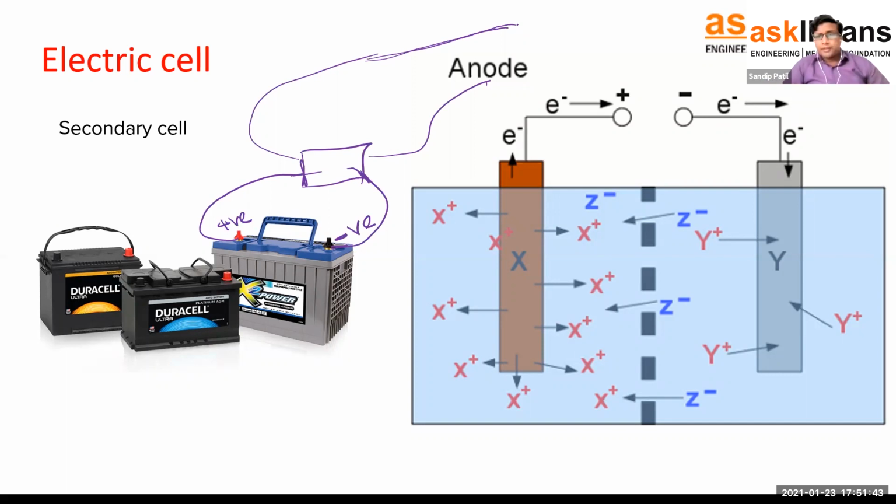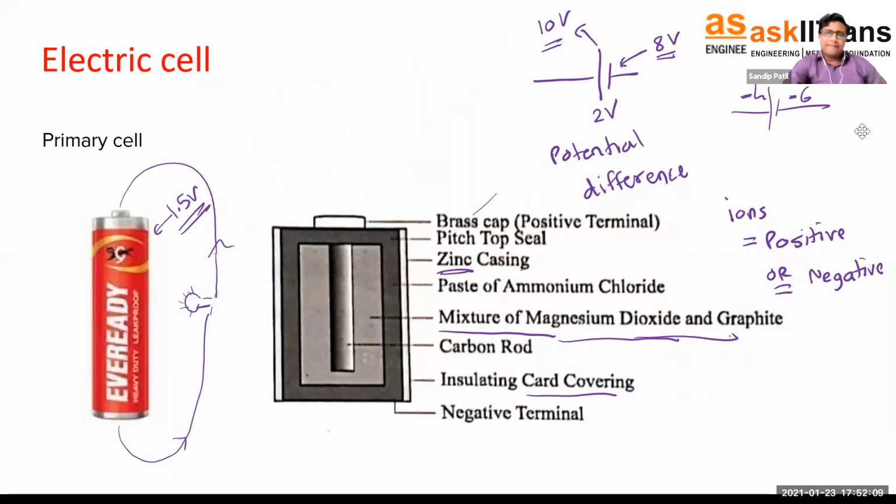And if you remember, try to observe this: whenever you go on a long trip, you check the water level in that battery, so it should be able to provide the current. Now in this secondary battery there are two electrodes like this. In the primary cell, there is only one carbon rod, and the casing acts as the second electrode.